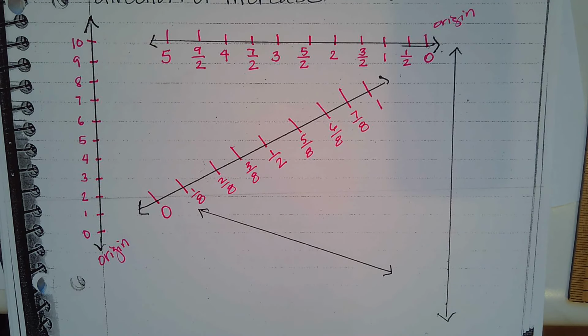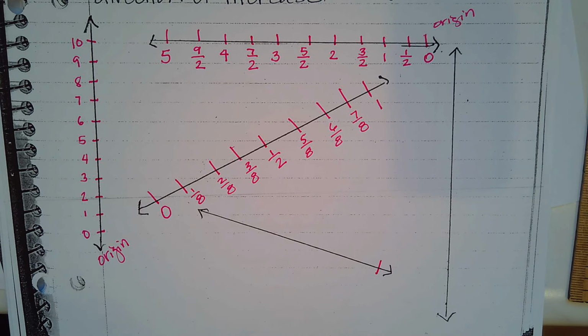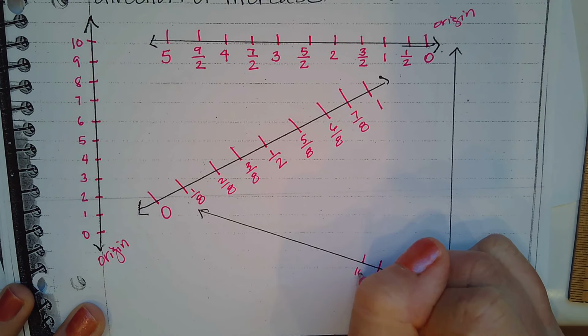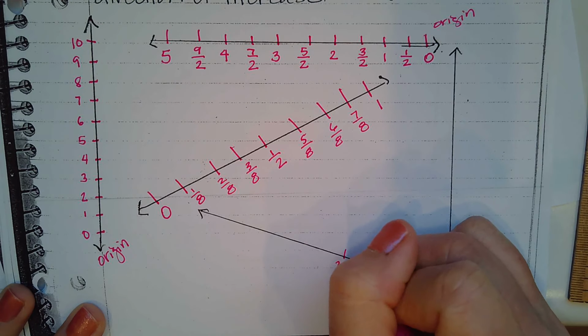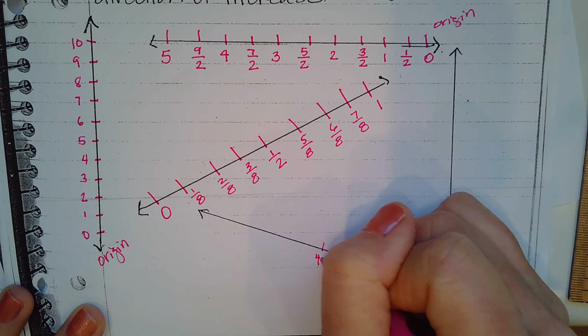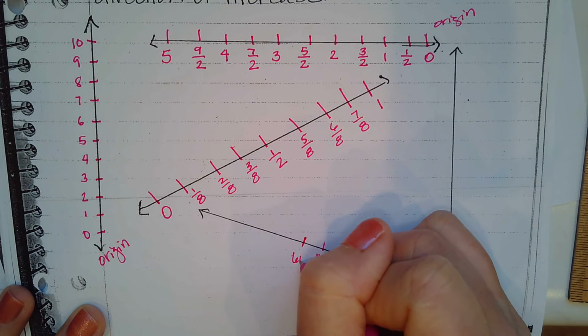Let's do another one starting with our smallest number on the end. Let's start over here. Let's start at 0, but now we're going to increase by 15. So let's go 15, 30, 45. What comes next? 60.